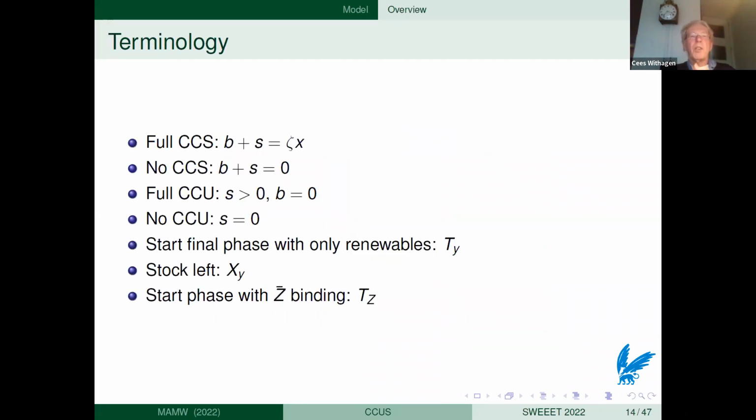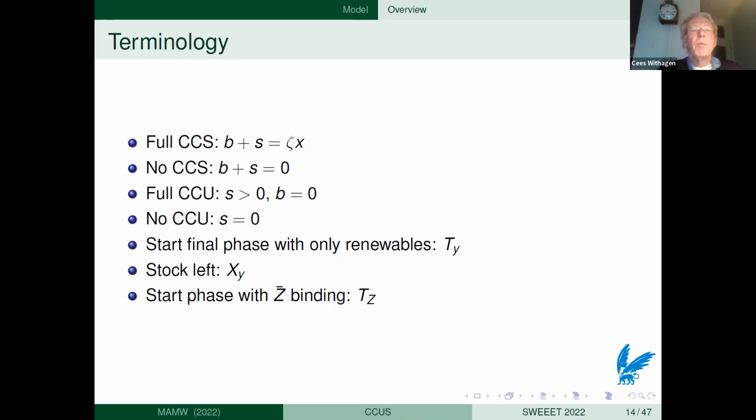Okay, so once again, B is inserted in inert wells, S is inserted in active wells, and we say that there is full carbon capture and storage if all emissions find their way back to inert wells or active wells. There is no carbon capture and storage if these insertions are equal to 0.